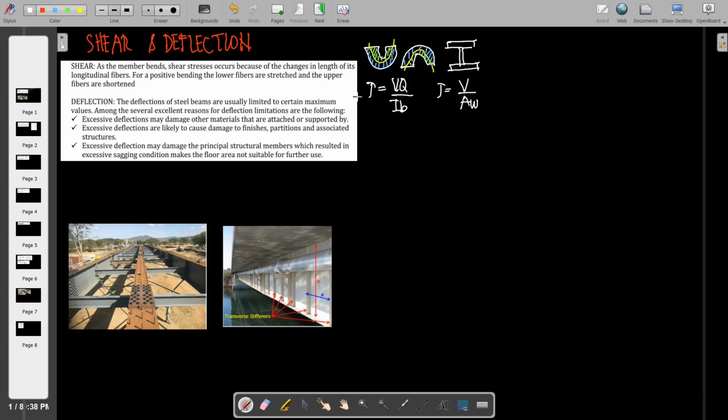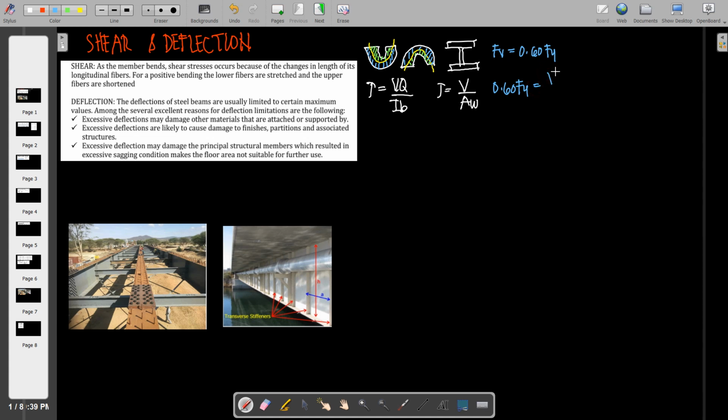Now in steel, the strength in shear is denoted by Fv, wherein Fv will take 60% of the yield strength of our steel section. So Fv is equal to 0.6 of Fy. Now if we are going to substitute in this equation, tau is actually the strength in shear, so that is equal to 0.6 of Fy.